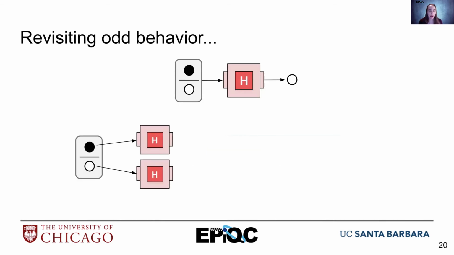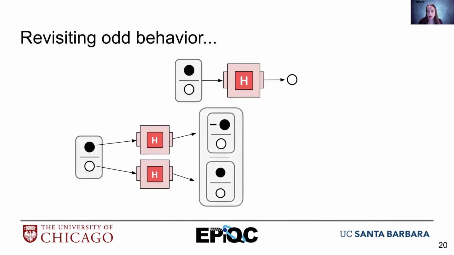And so we have 2 little H gates, one that we put the black into and one that we put the white into. And so now we know that the black one turns into the negative black over the white, and the white one turns into black over white. And we have a superposition of those 2 choices.